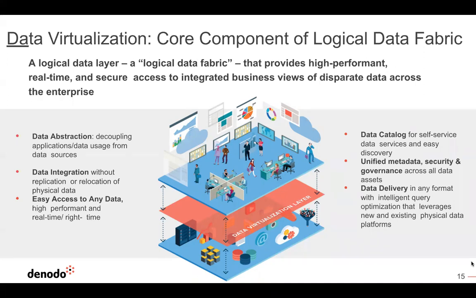The logical data layer provides high performant real time access to integrated business view across different data sources, no matter what kind of data sources are there. So it creates an abstraction layer. It decouples the business users, data consumers from the data sources.